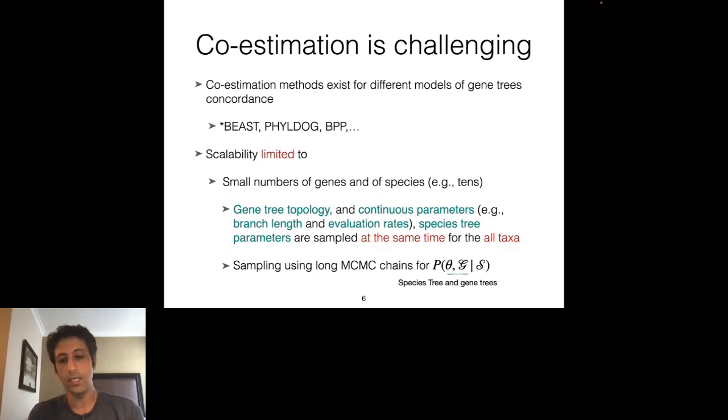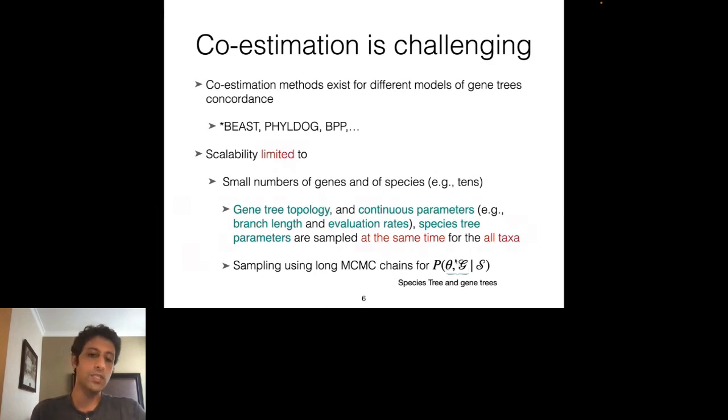So you can run it on thousands of species or even hundreds for that matter. And the reason is not that these are not good software. It's just that they are trying to solve a very difficult problem. They are trying to sample the posterior distribution of theta, by which I mean the species tree, the posterior distribution of species trees and all the gene trees at the same time.